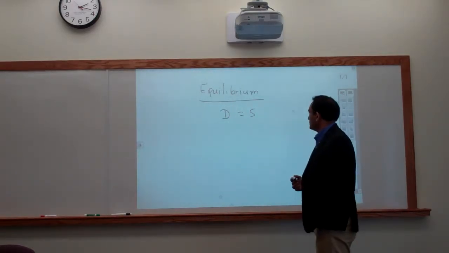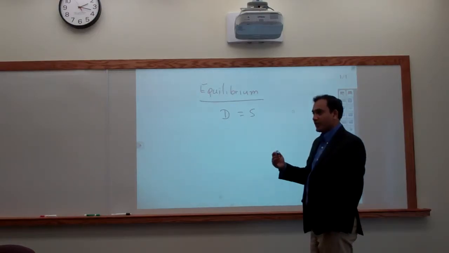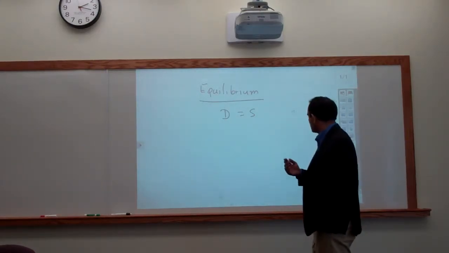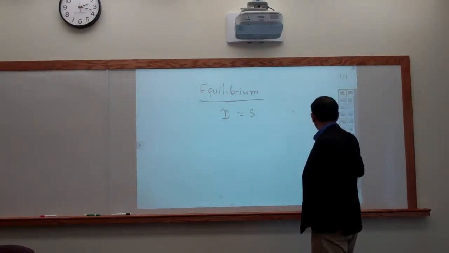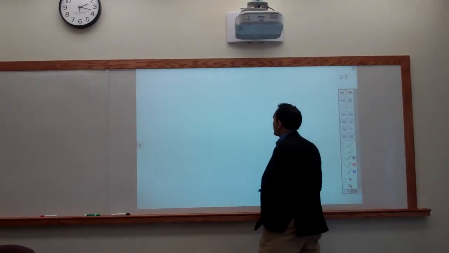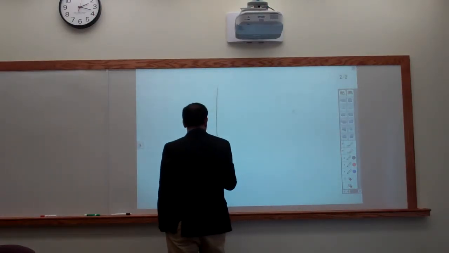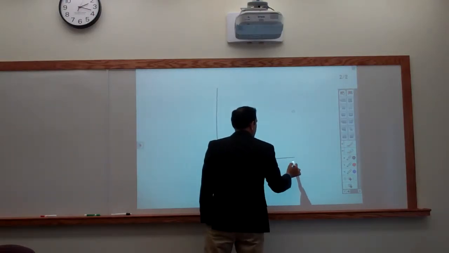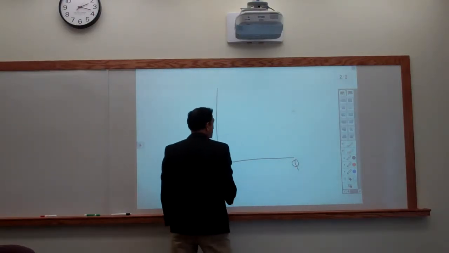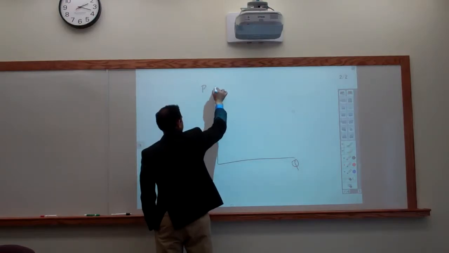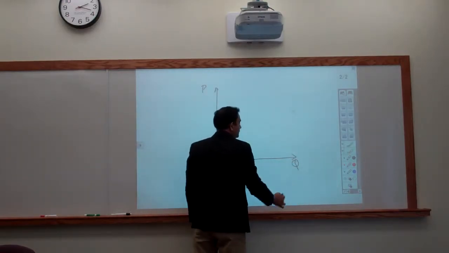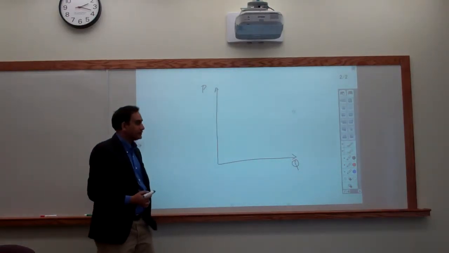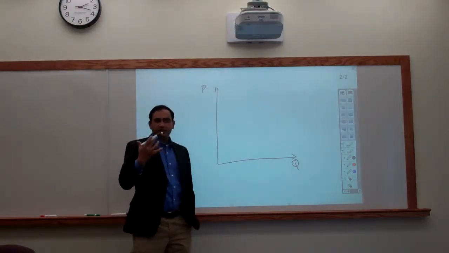So let me draw a simple diagram where you have both demand and supply curves present for some product. We have quantity on the horizontal axis and price of the good on the vertical axis. So take any product.